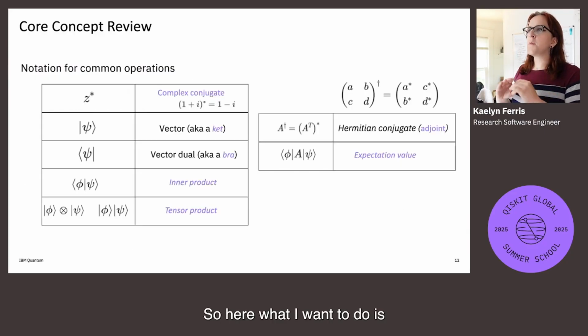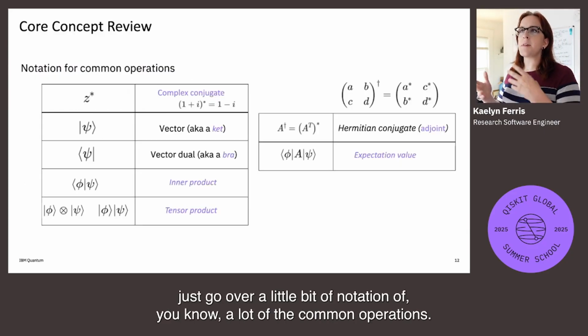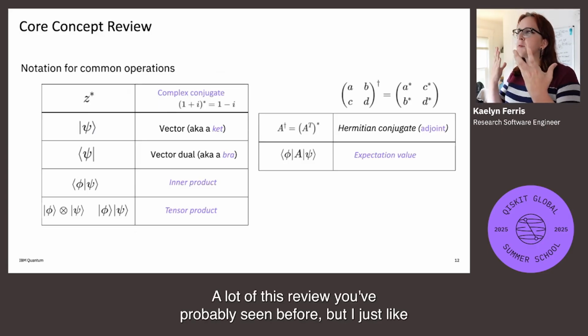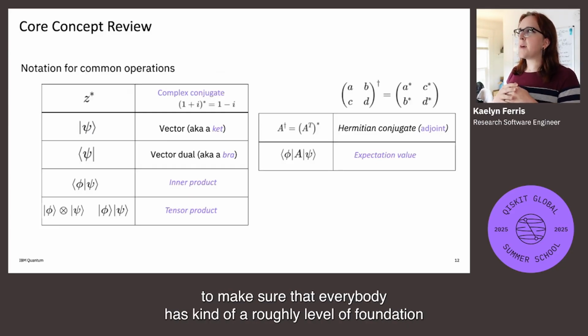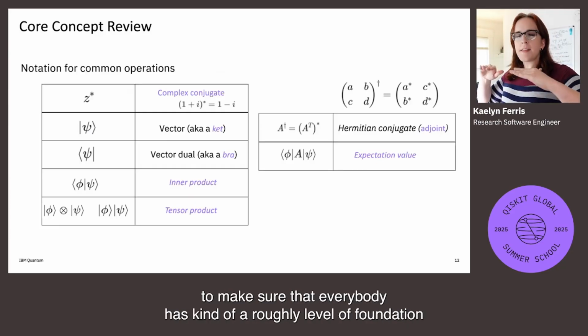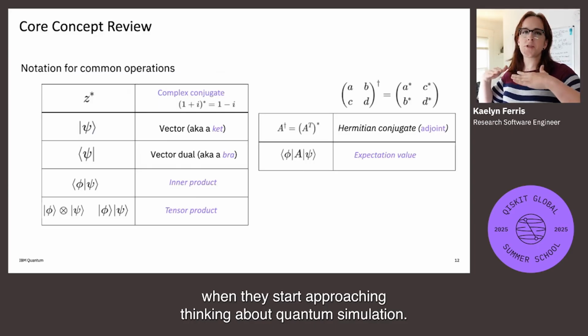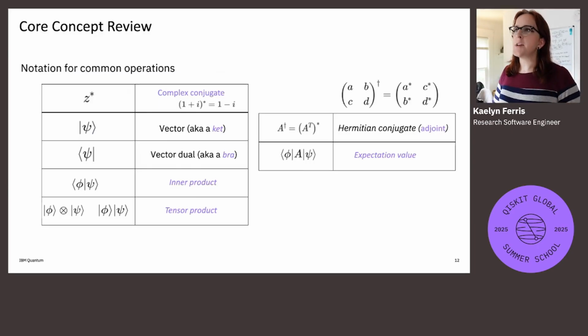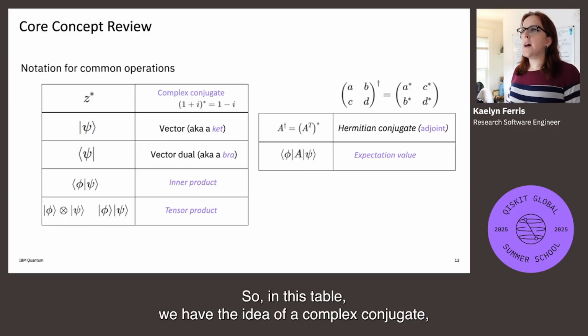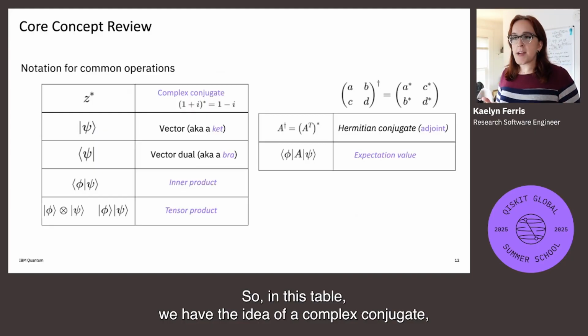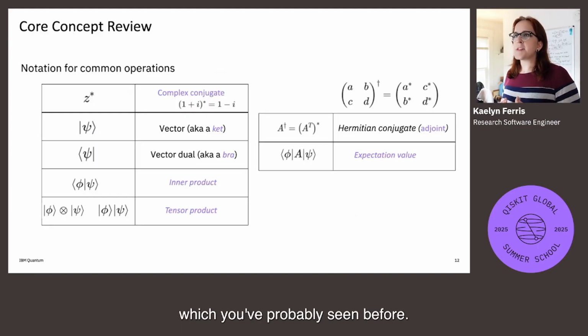So here, what I want to do is go over a little bit of notation of a lot of the common operations. A lot of this review you've probably seen before, but I just like to make sure that everybody has a roughly level foundation when they start thinking about quantum simulation. So in this table, we have the idea of a complex conjugate, which you've probably seen before.